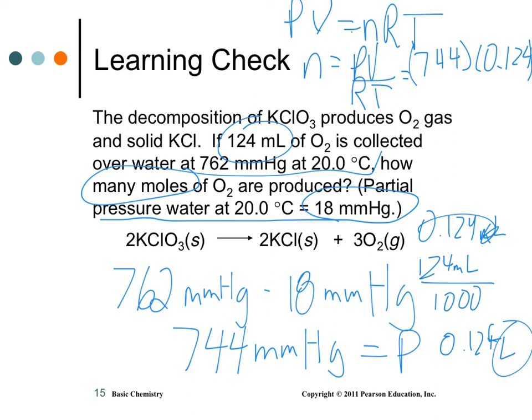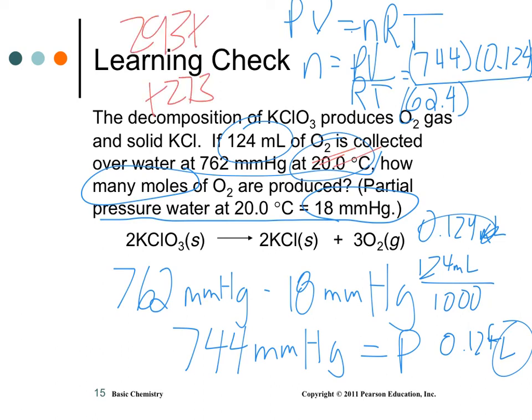My R value for this one uses millimeters of mercury, so I'm going to use 62.4 millimeters of mercury times liters per mole Kelvin. And of course they couldn't give me the temperature in Kelvin, so I have to add 273. That gives me 293 Kelvin.